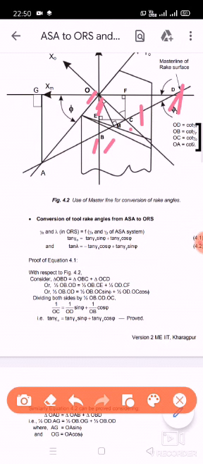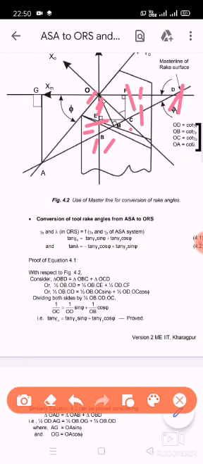So what will be the area of the triangle OBD? Half into base into height. That means half into OB, OB will be the height, and what will be the base? OD. This will be the area.